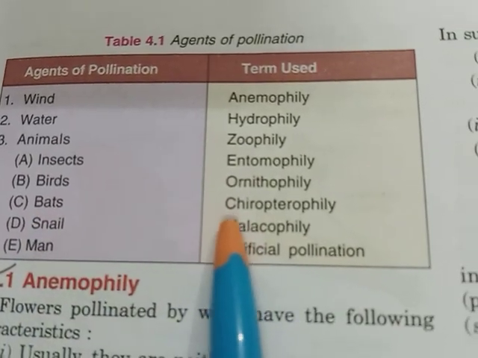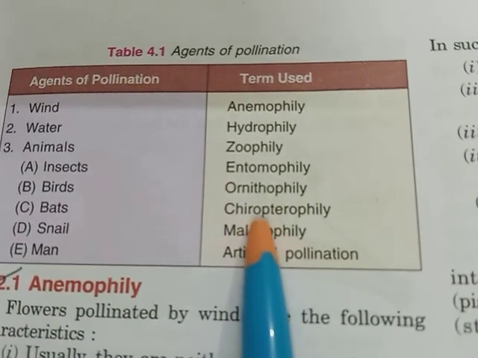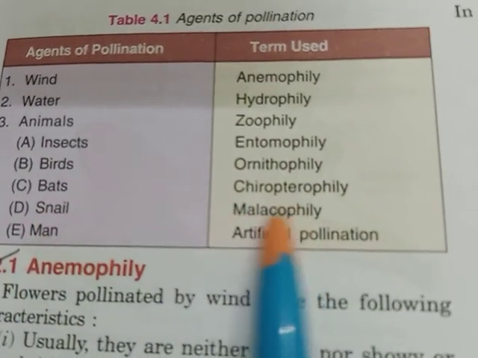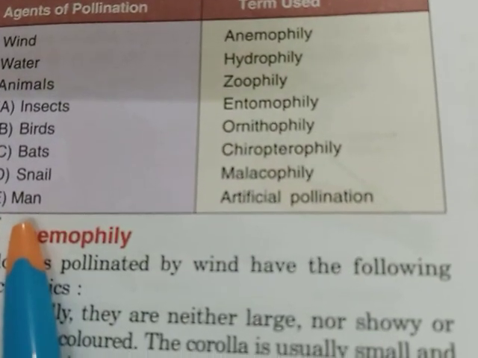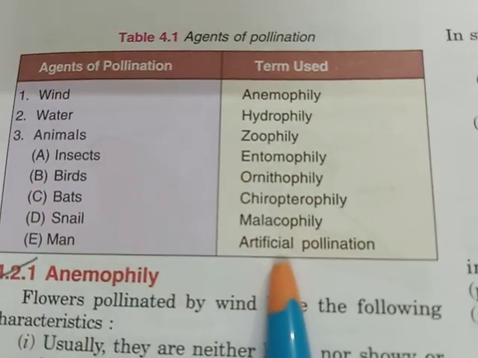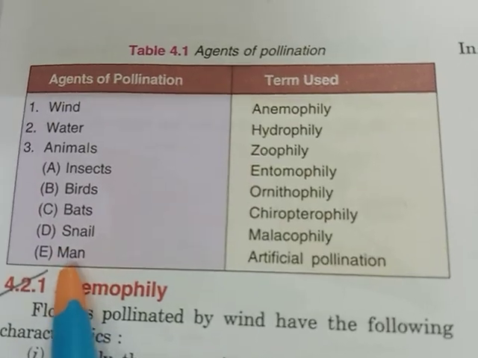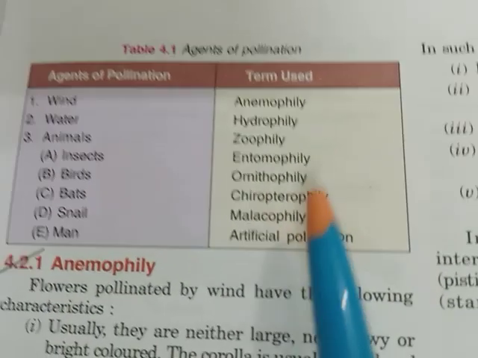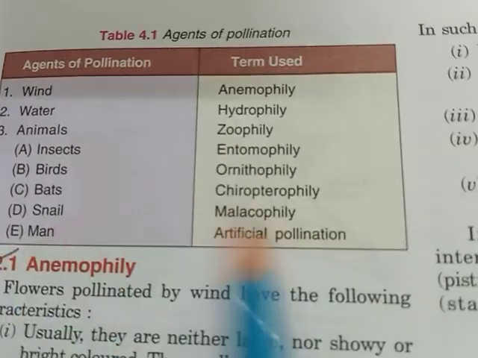Bats, chiropterophily. Snails, malacophily, and by man it is known as artificial pollination. So children, this table is very important. These are the agents of pollination, and these are the technical terms which are used for these types of pollination.